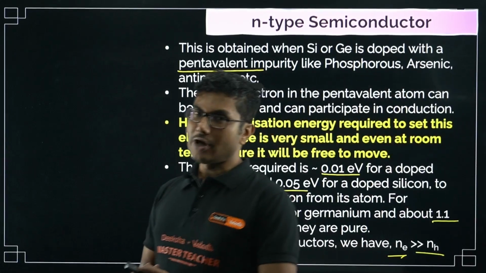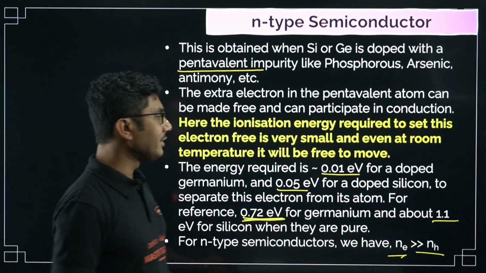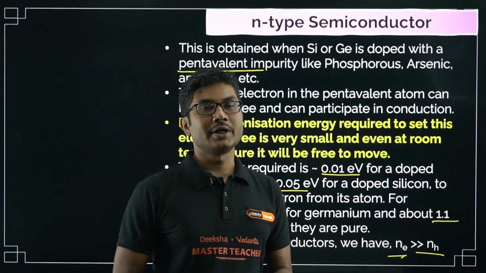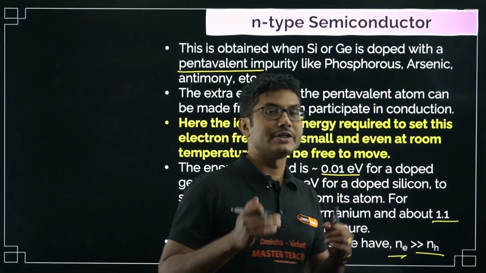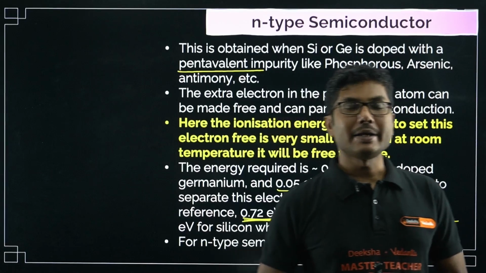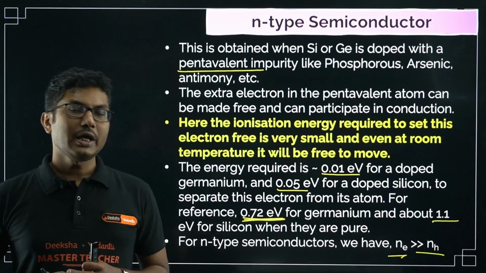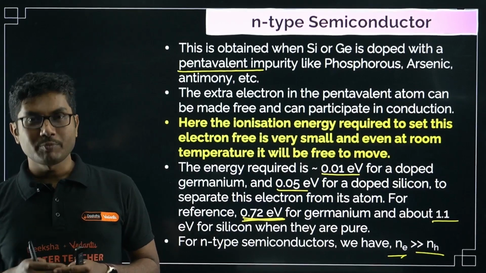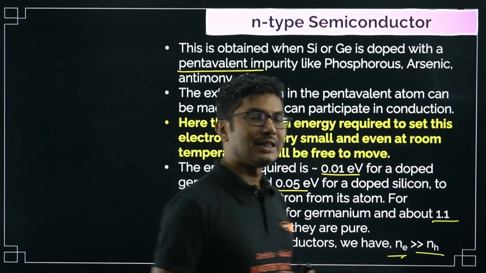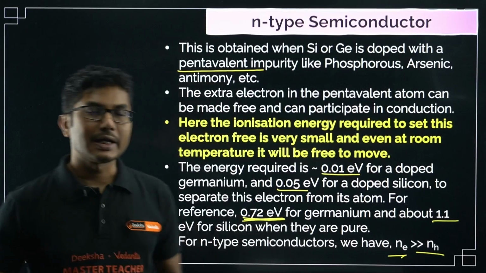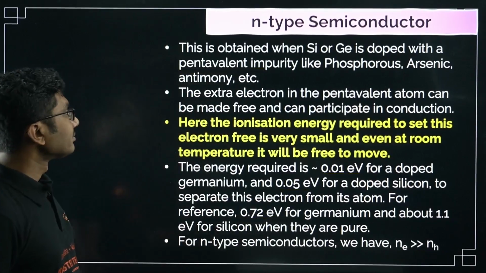You have to remember that even though you have increased the number of electrons taking part in conduction, the overall charge is still neutral. N-type semiconductor is still neutral in terms of charge. It is neither negatively charged nor positively charged, it is electrically neutral. So based on that, if you see any MCQ, you can answer that like a flash.